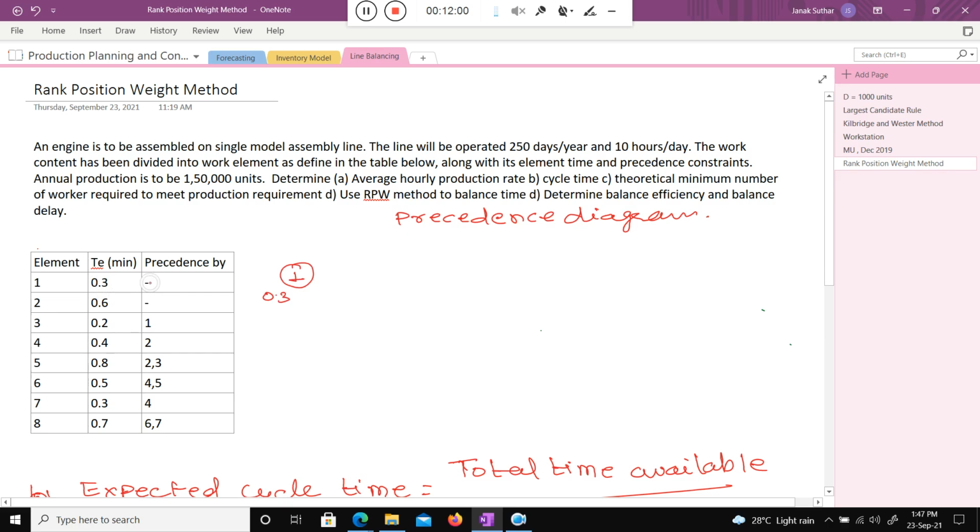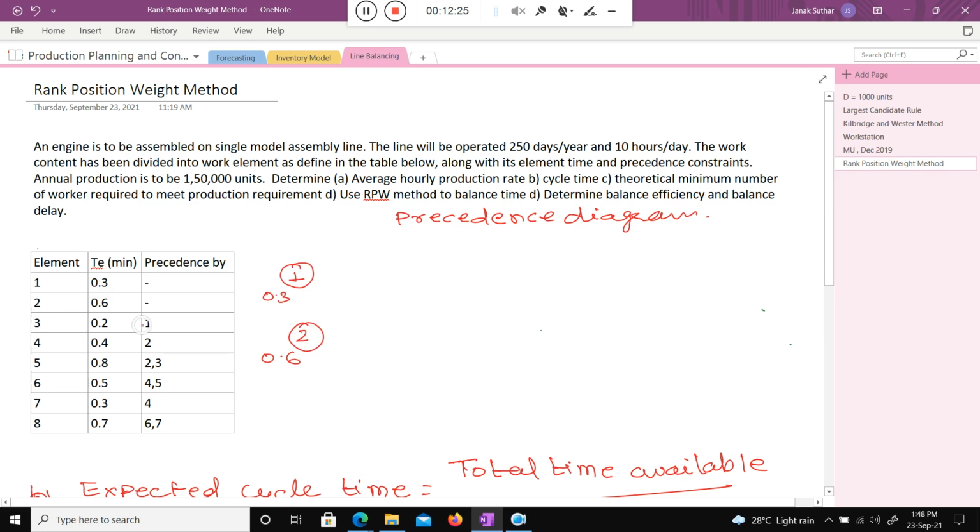Because both 1 and 2 are independent, so I can start them anytime. The element time for 2 is 0.6. Now the next point: for 3, element 1 must be complete, and only then can you start element 3.